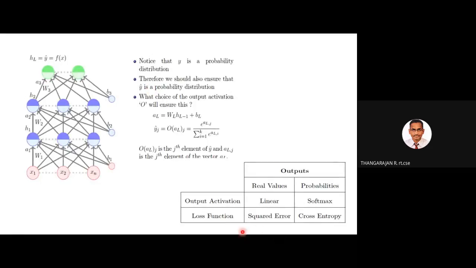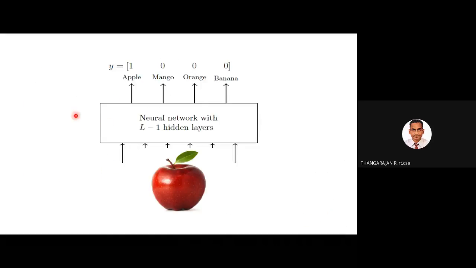And here you see that the output activation in this case is linear. In case of real values, it is linear, and in case of probability, it is softmax. The loss function used is mean squared error, and cross entropy for softmax. Inside this you have a softmax algorithm, and for comparing the output we use cross entropy.